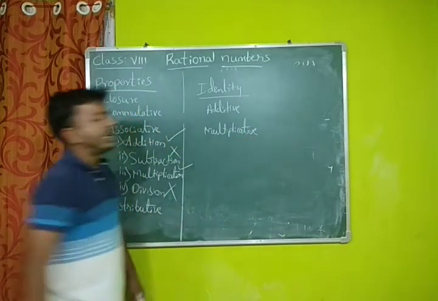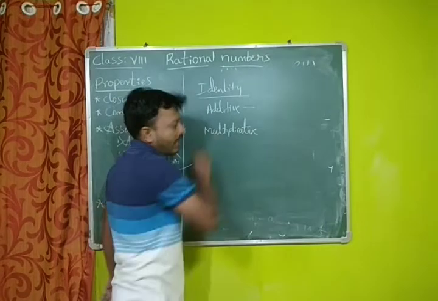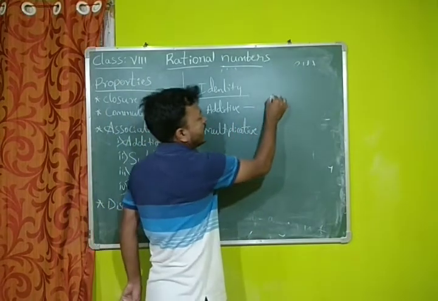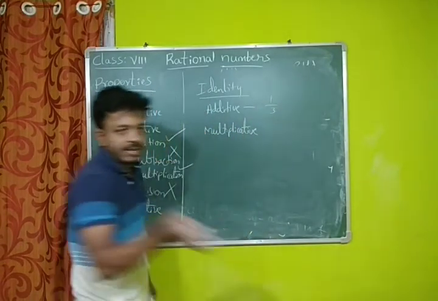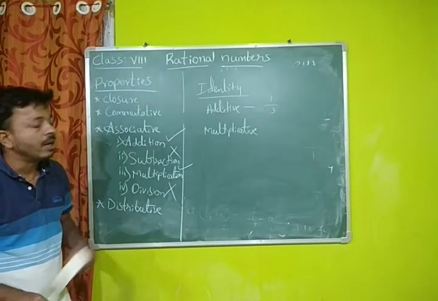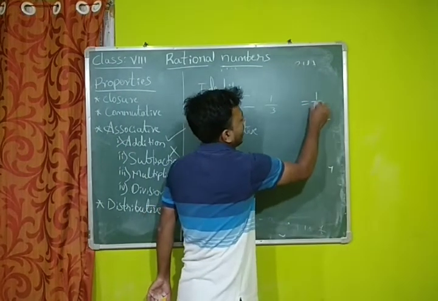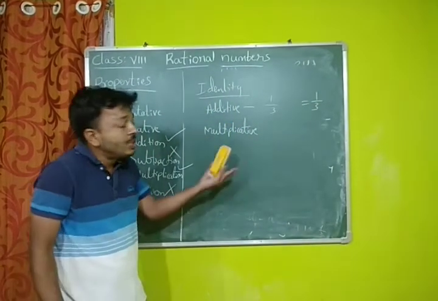Additive and multiplicative identity. If they give one rational number, for example 1 upon 3, what should we add to get the same rational number?